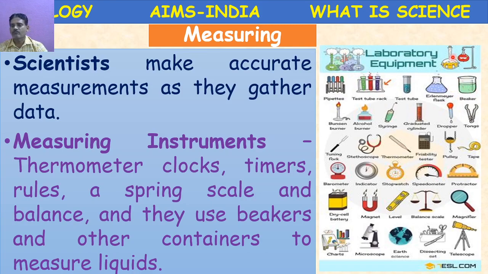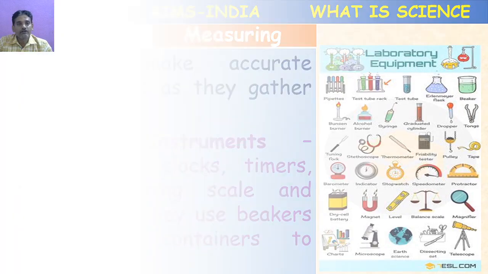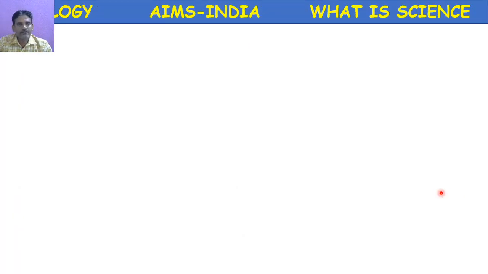They use different types of pipettes, burettes, like that. The different equipment or instruments they use in measuring. So it is very important. They use different methods of measurement, okay. Let us see what the measuring tools are.